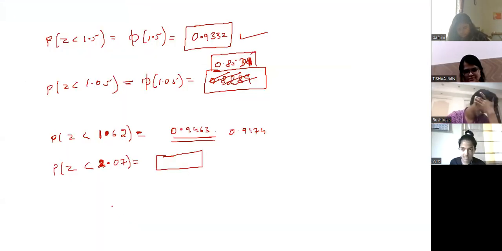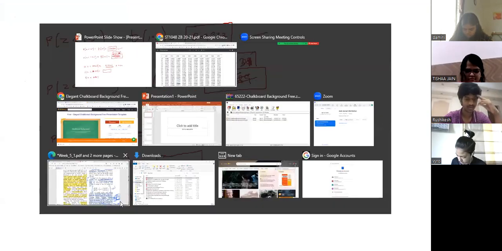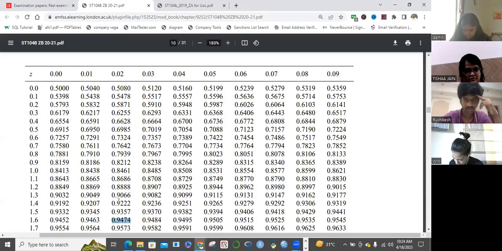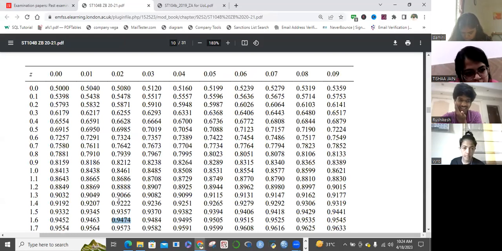Right. So Rushikesh, can you please calculate this probability Z is less than 0.95? Can you calculate that? Sir, is that even possible?